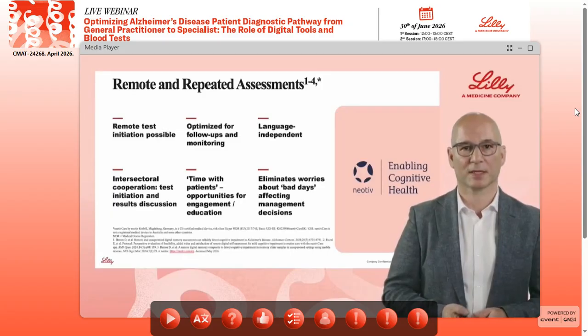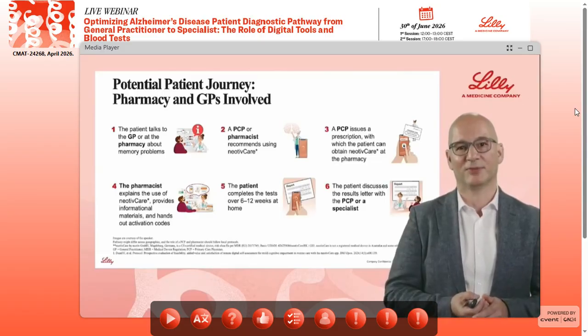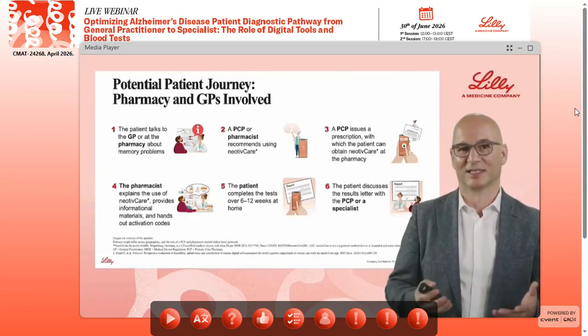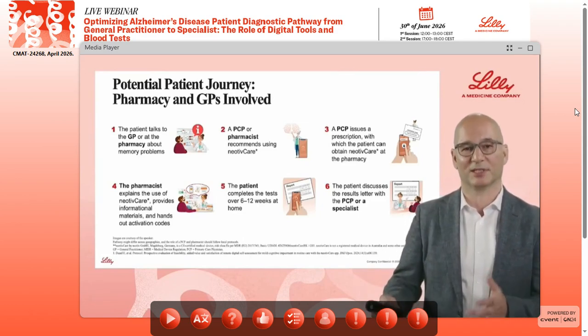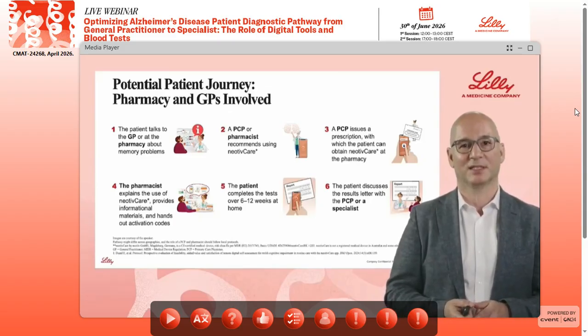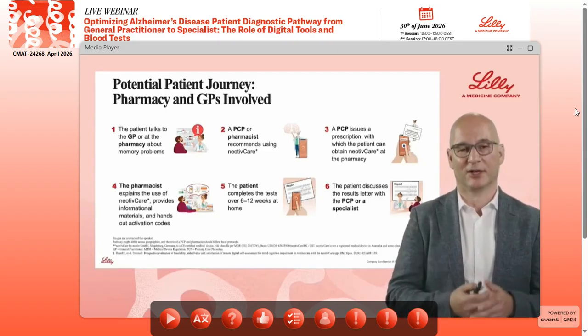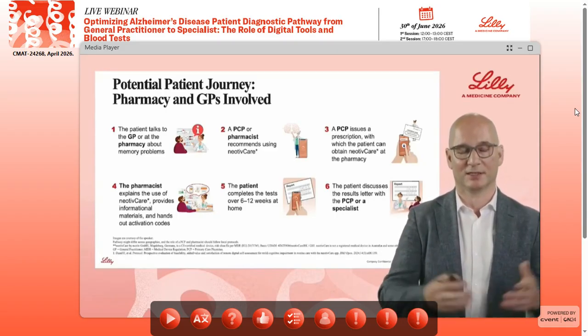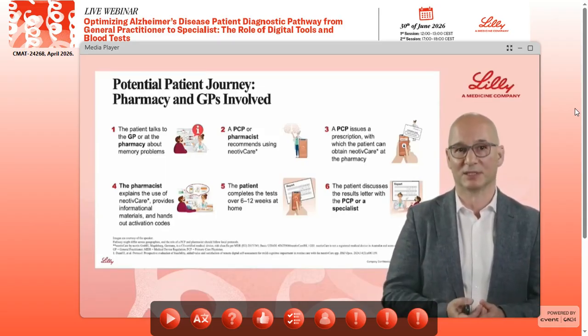They are also, because they are remote, offering, I think, quite exciting new ways to save further resources, particularly with general practitioners. So in this case, what we are evaluating around our memory clinic in our local networks is a collaboration with pharmacies.